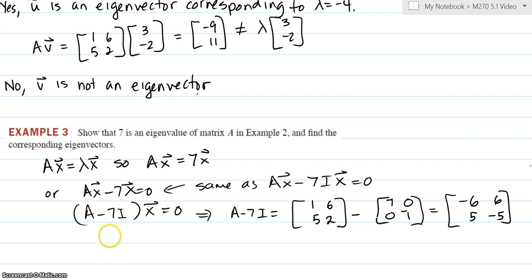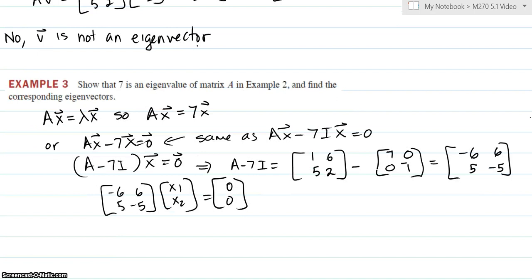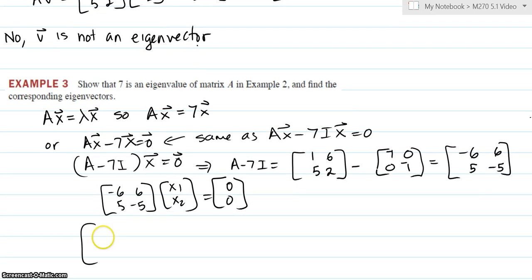So we end up with the equation negative 6, 6, 5, negative 5, times some x, we'll call it x1, x2, better equal 0. Well, that is a 0 vector, isn't it? And we can now use matrices to solve that.